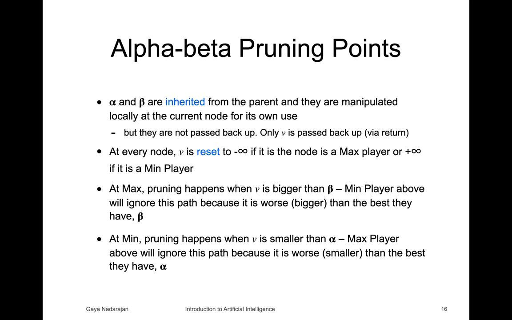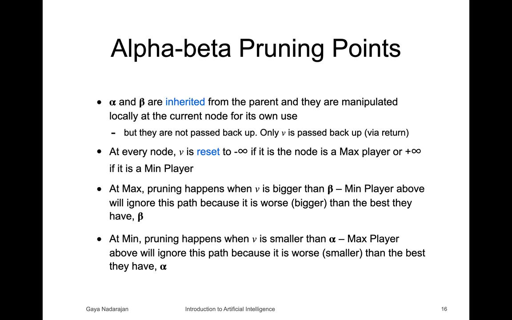You're going to change it, as we saw. Alpha was changed, beta was changed. But these values of alpha and beta are not passed back up to the parent. So the parent will not get back that alpha and beta value. It's just inherited, but they are used for a node's own use, and they are not passed back up.